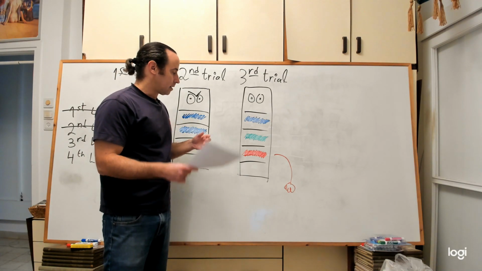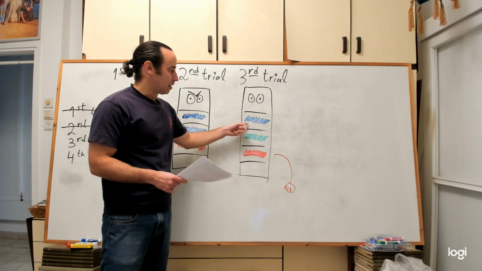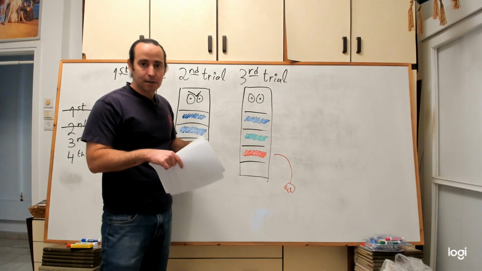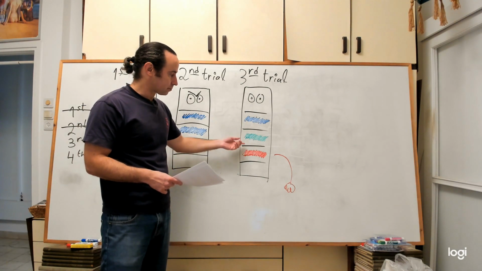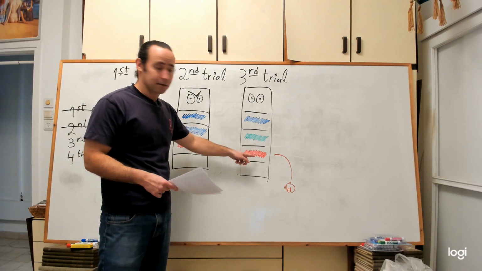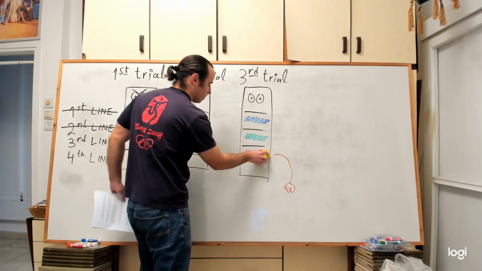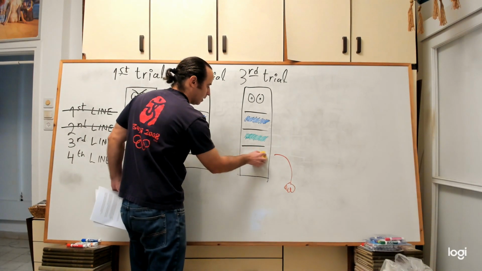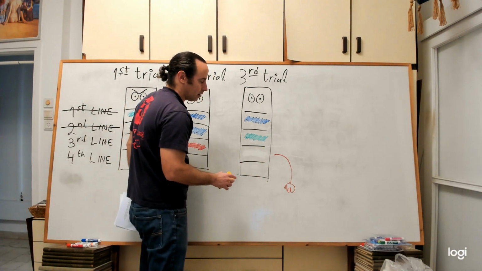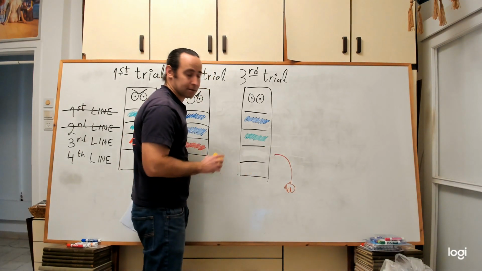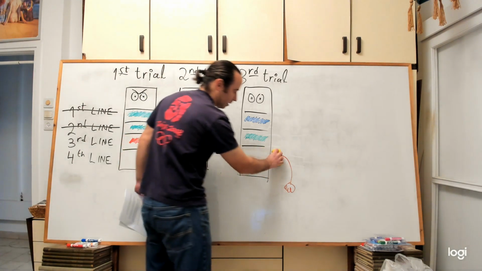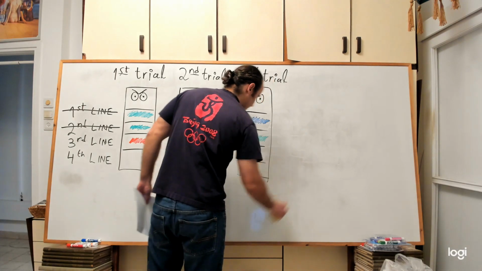If it was something, we change it to blue. If it's already blue, we change it to green. In this case we change it to blue. And once we make this, we are destroying the hand. We are destroying the bad part of the virus.